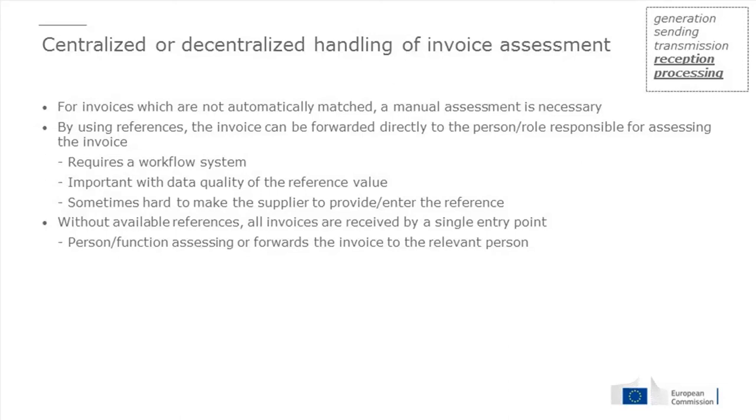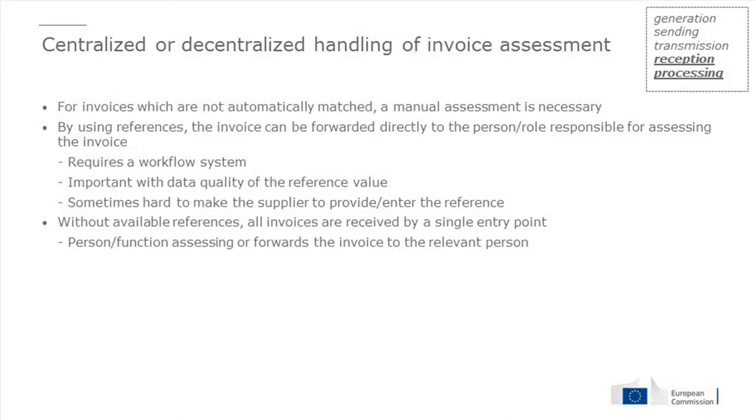The data quality of the reference values is a big concern, and it is also a risk. It can cause a lot of costs and trouble if you, for example, are using references in the invoice that are complicated for the purchaser to remember, or if they are missing, if you're not communicating them well to your suppliers. So this is a business term in the European standard called customer reference, or the buyer's reference.